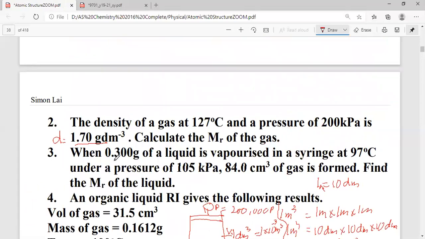Now here, when 0.300 grams of liquid is vaporized in a syringe, I'm just going to show you a syringe. A syringe like this. In IGCSE, you should be able to see a syringe like that in your lab. This is the tap here where you push the gas inside, and this is called the plunger. It fits nicely inside here.